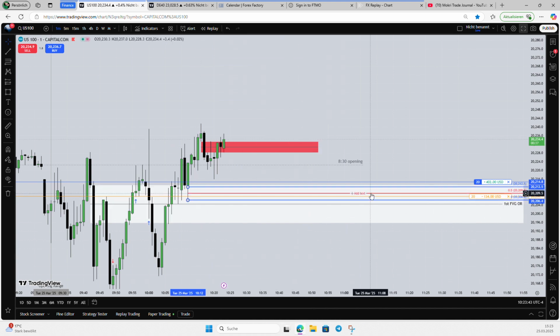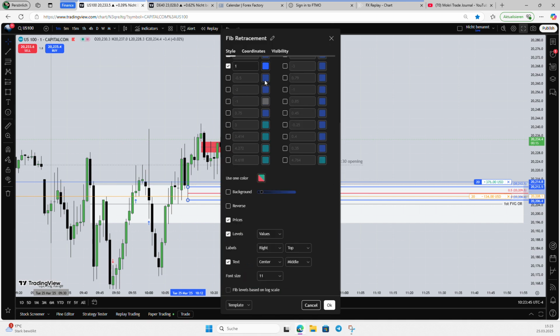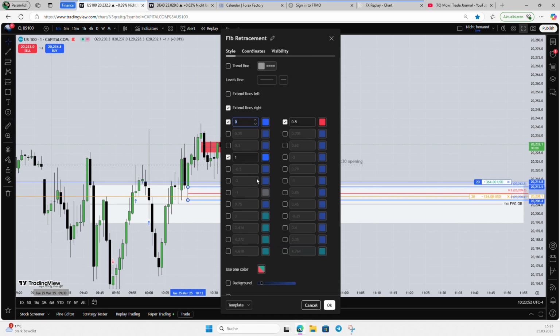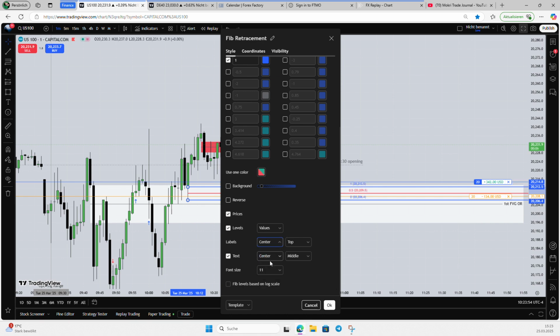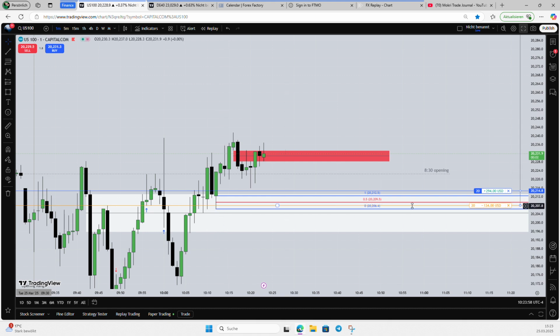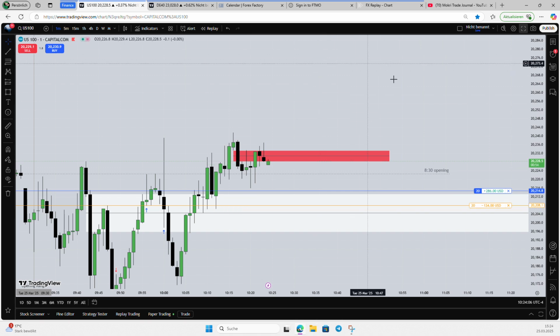All right. Where is that thing? Center right, center right. There we go. So here, this is the consequent encroachment. My stop loss is just how much below it? One tick below this 50% level.